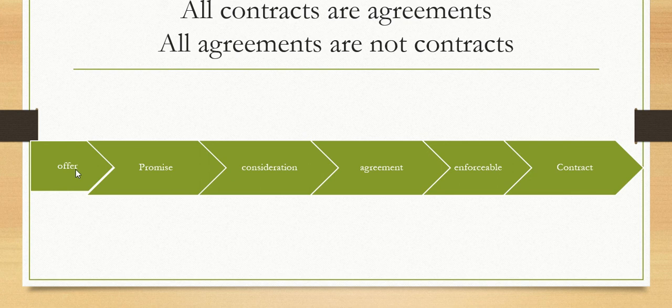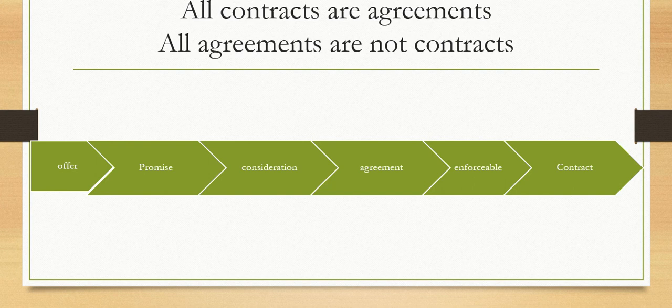To put that in another example, A sells his property to B for 1 lakh rupees. In this, there are different steps involved. First, A gives an offer to B that he is going to sell his property. If B wants it, he can accept the offer.